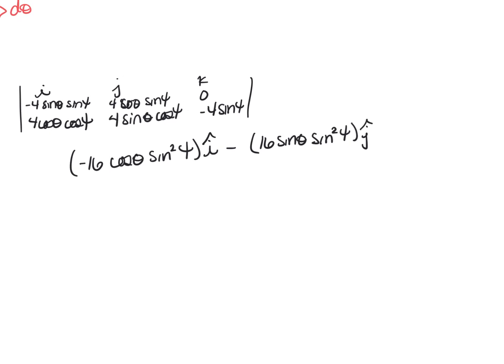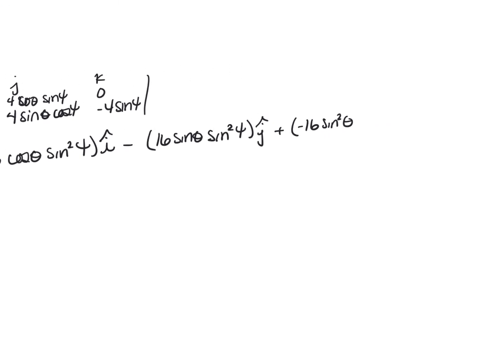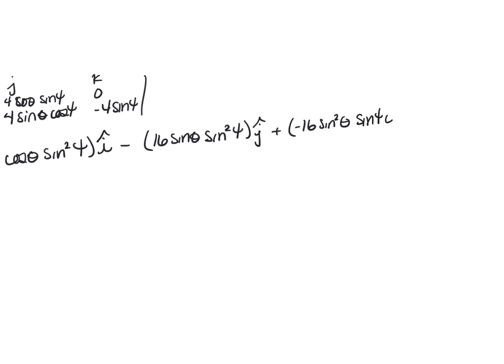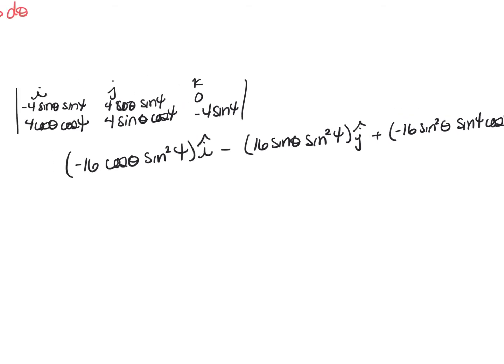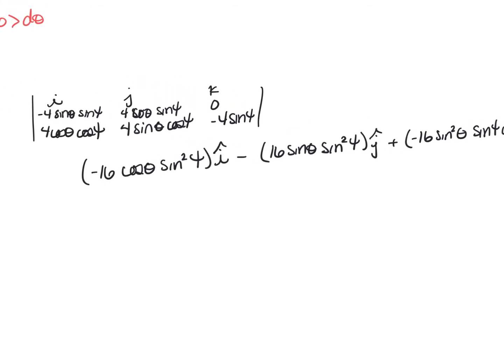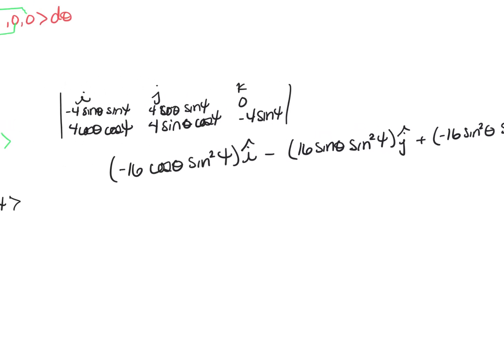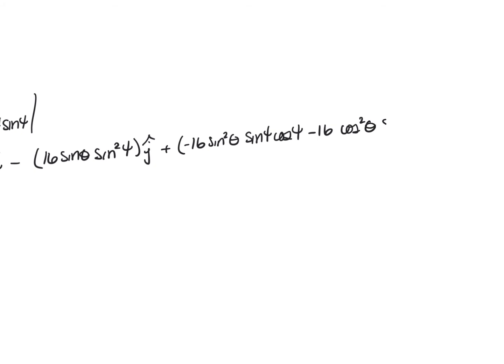And then in the k direction, so plus, I'm going to get negative 16 sine squared of theta sine of phi cosine of phi, minus 16 cosine squared of theta sine of phi cosine of phi in the k direction.